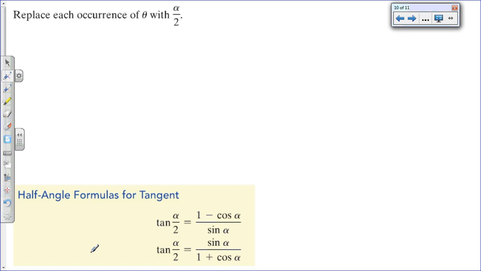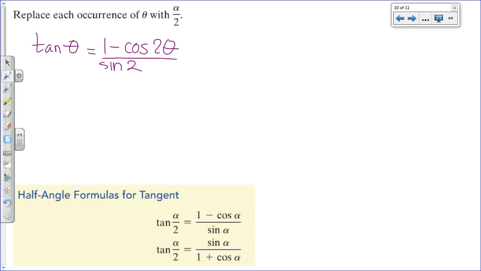Now what we're going to do is take the identity that we verified previously, example 6, which says tangent of theta is equal to 1 minus cosine of 2 theta over the sine of 2 theta.